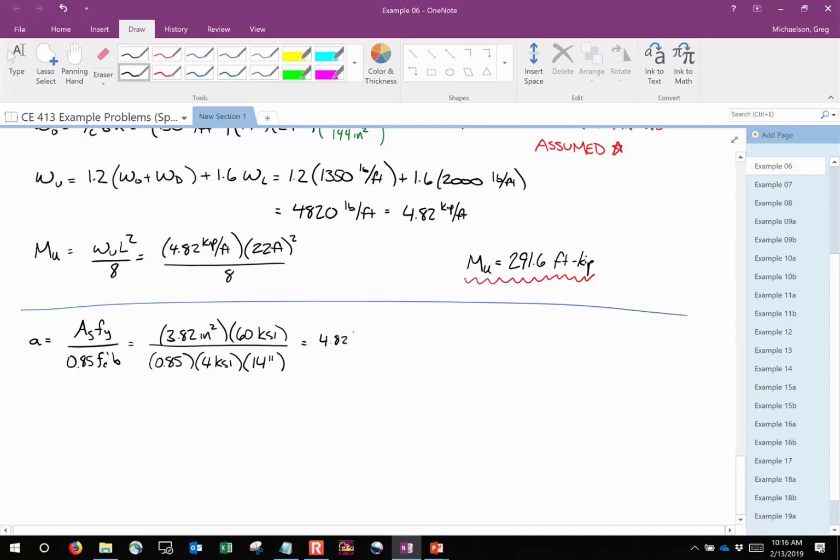4.82 what? Inches. Okay, so we can go ahead and compute phi if you want, and we will, but why don't we go ahead and do Mn? I mean, how do you compute Mn? So we have everything we need. Let's just go ahead and do that now.